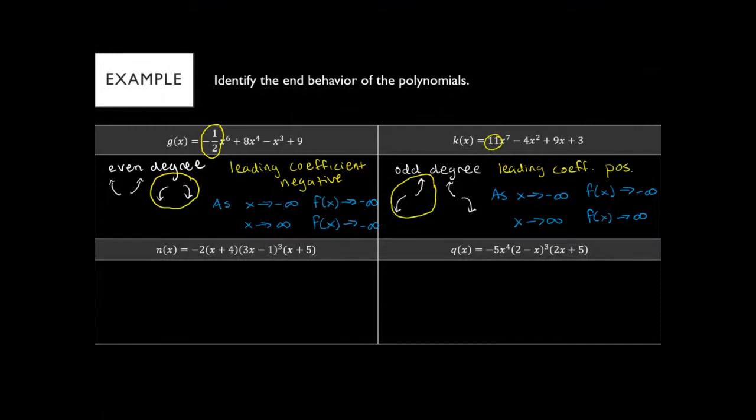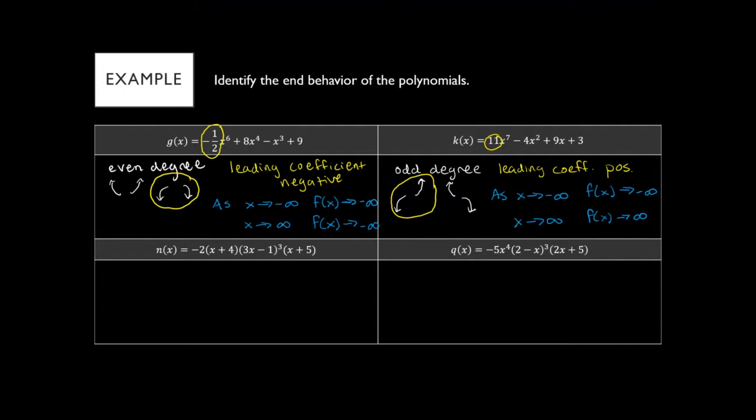So now let's tackle the bottom ones, because these are different because they're not multiplied out. You can still figure it out even if it's not multiplied out. It just involves a little more thinking, and that's the tougher part. If you're doing end behavior for something like these where they're already factored, sometimes it's easier to multiply it out, but multiplying these out would take a long time by hand.